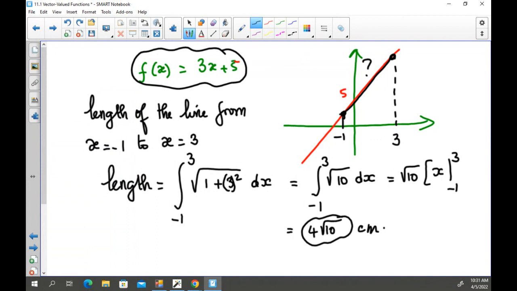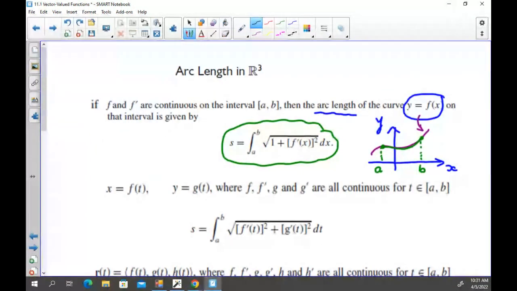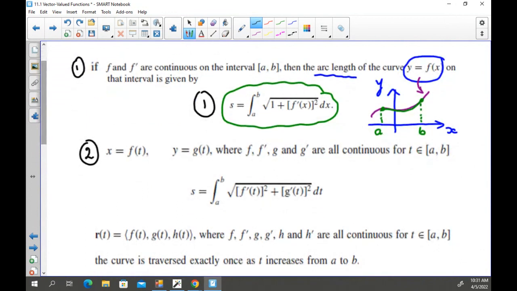Yeah, okay. Now, let me come back a little bit. So that's an example for the first rule here. A simple example where we use this formula to find the arc length from x equal a to x equal b. Now, the second rule, so 1, 2, is if you are given a curve in parametric form, like this.